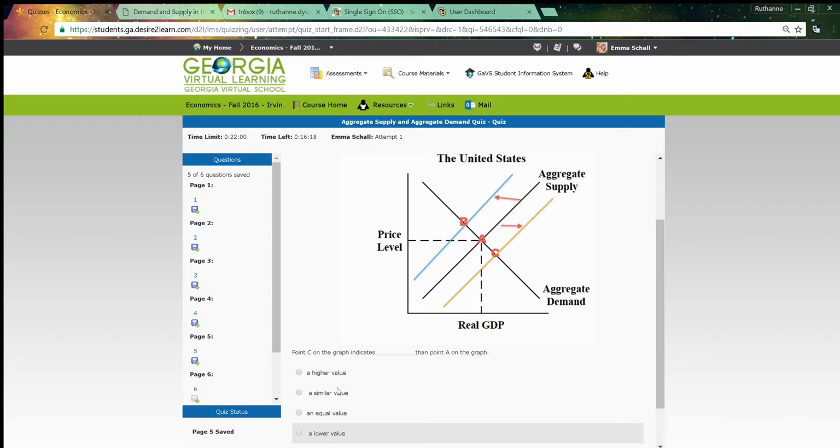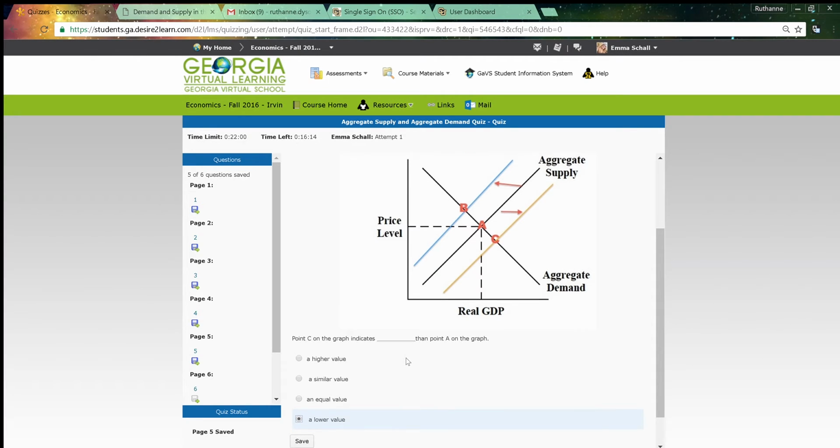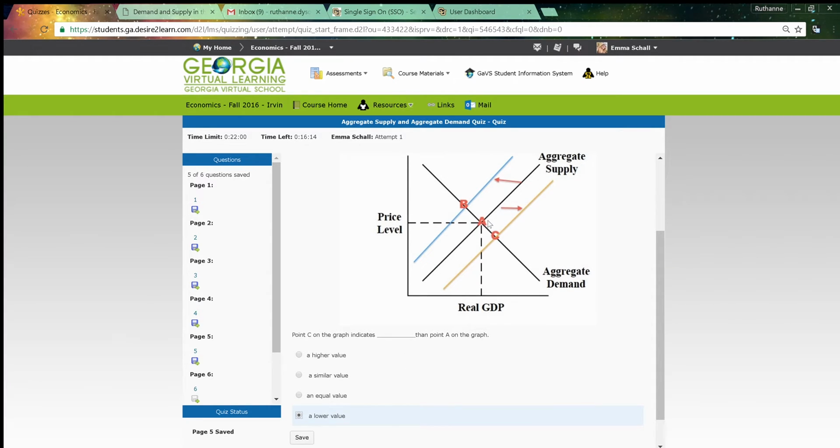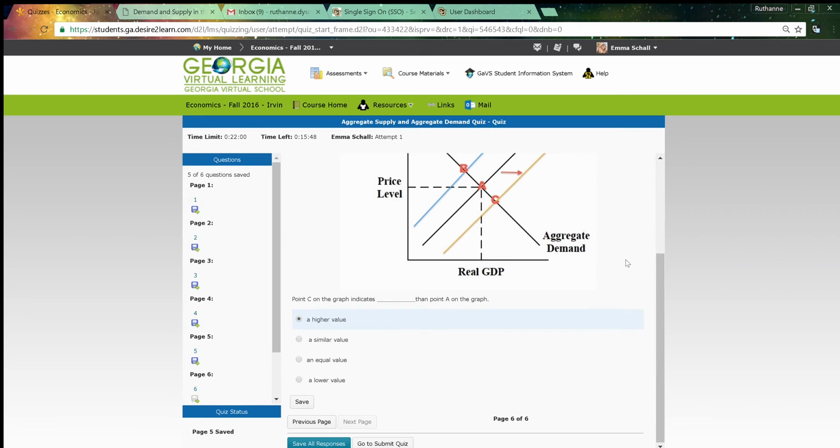Wait, excuse me. Graph indicates a lower value because you've got lower prices but a higher GDP because your supply is greater. No, so it would be a higher value, excuse me. When we're shifting to the right, it's going to be an increase. That is how I have interpreted their notes thus far.